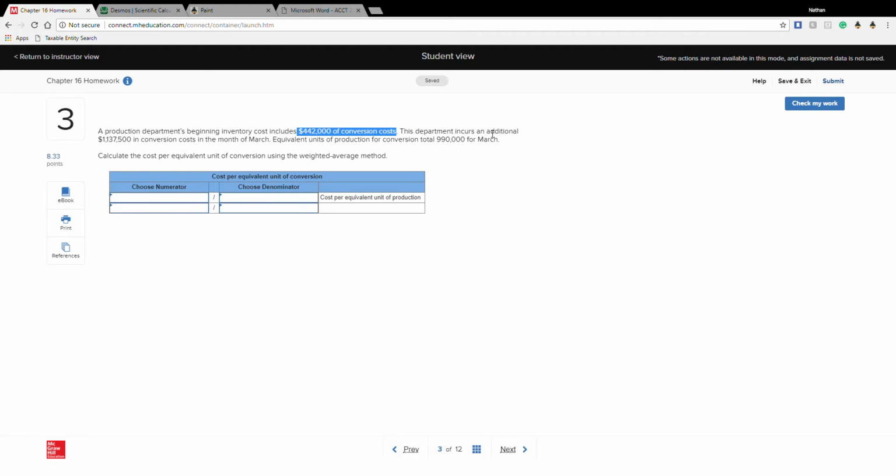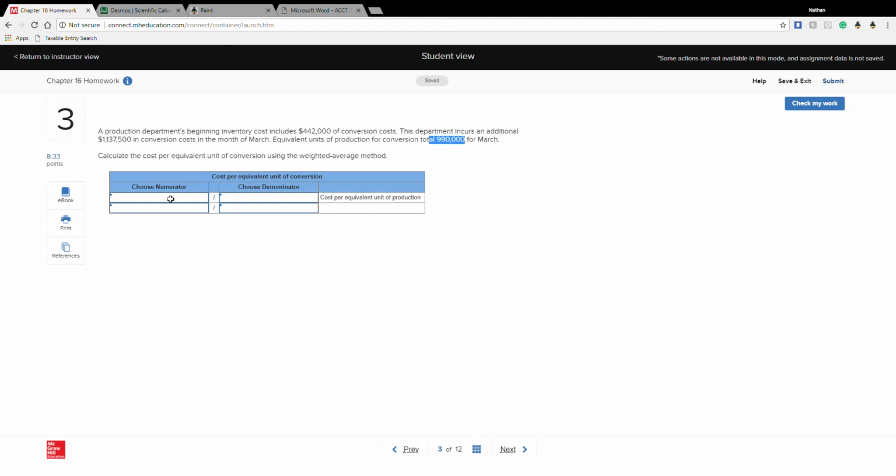They incur an additional 1,137,500 in conversion cost, and its ending production of conversion total is 990,000. So equivalent units we have there. So first, we have to put in the formula.